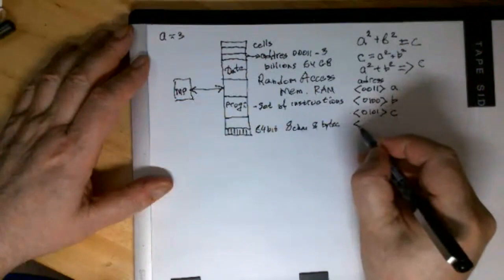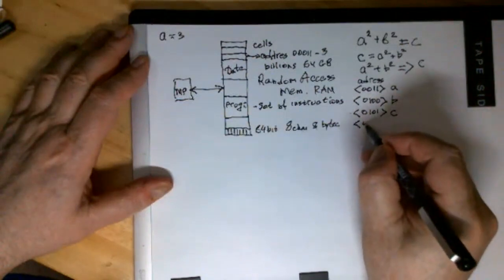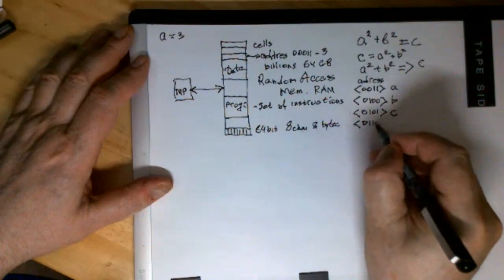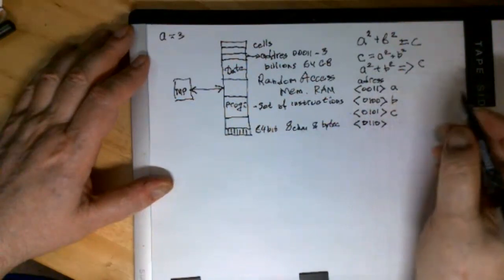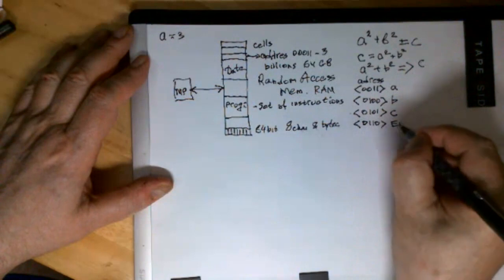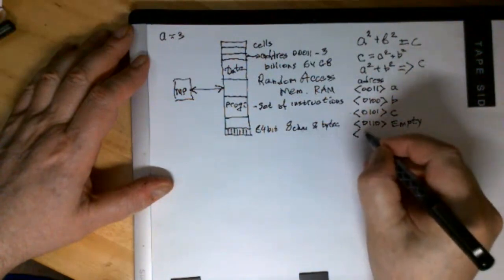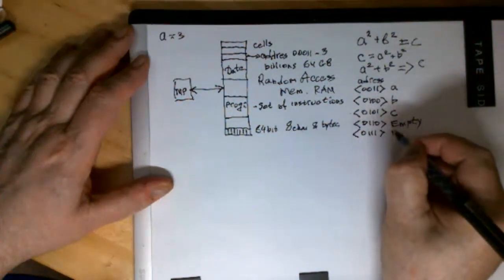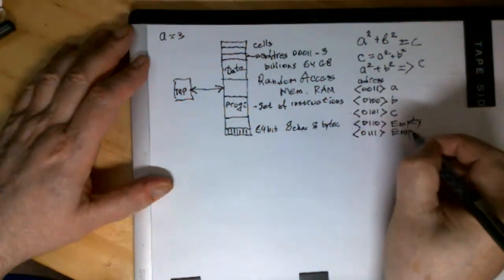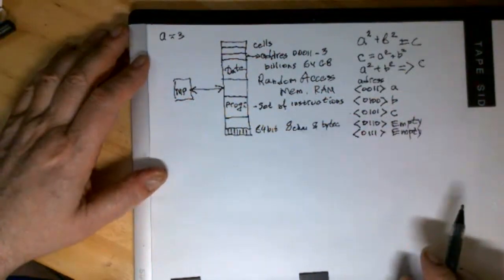Now I need a couple of empty cells. I will put cell 0110 for empty. Then I will put 0111, also empty, but I mentioned to use it. Okay?